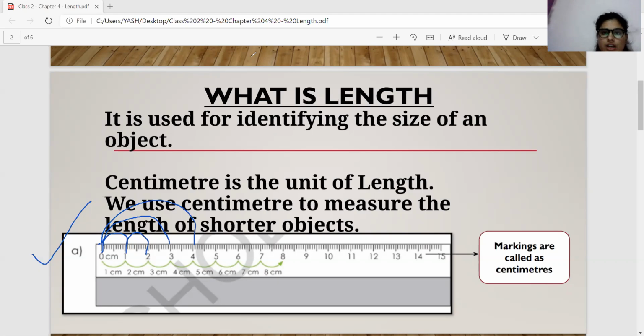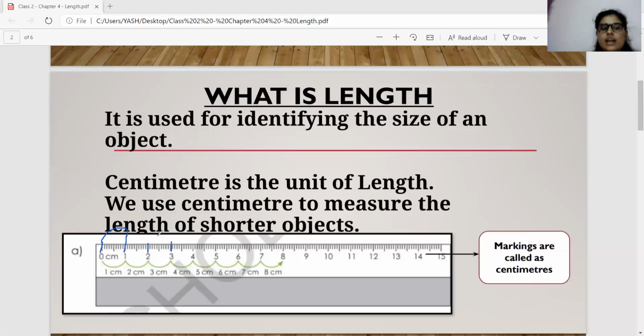So the longer lines, you can see here the longest line, represent centimeters, and the shorter line between two longer lines is called a division of centimeters, because the longer line is called centimeters.